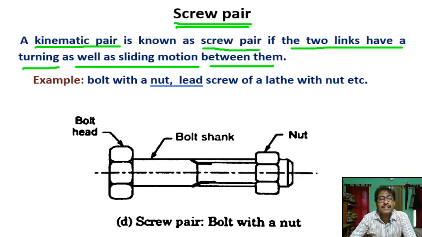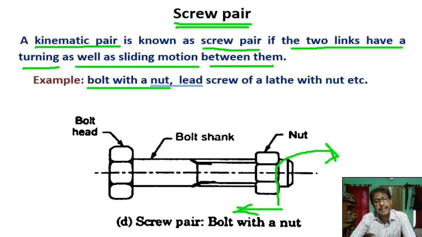Screw pair, this is the screw pair. Example, bolt with a nut. This is the bolt, this is the nut, the nut rotates, this is the turning motion, and also this is the sliding motion.